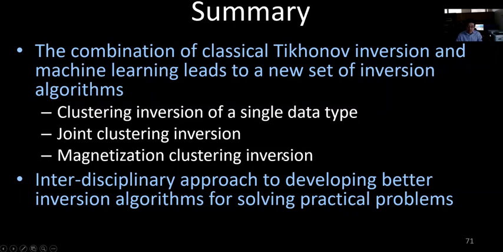This represents an interdisciplinary approach to solving some of the challenging problems in geophysics by using algorithms that have been well developed in the machine learning community.